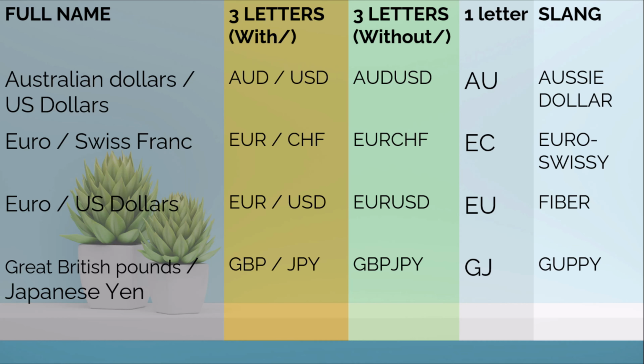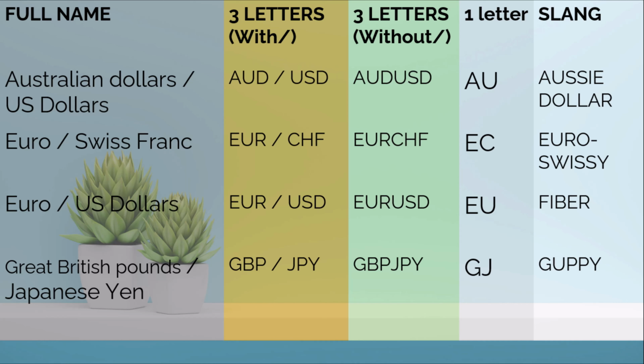One of those things you want to take note here is that you have some currencies that start with the same letter. For example, Canadian dollar, which is represented with CAD, as well as CHF. They both have C starting their 3-letter words. So if you want to say Euro CAD in the 1-letter formation, you will say EC.